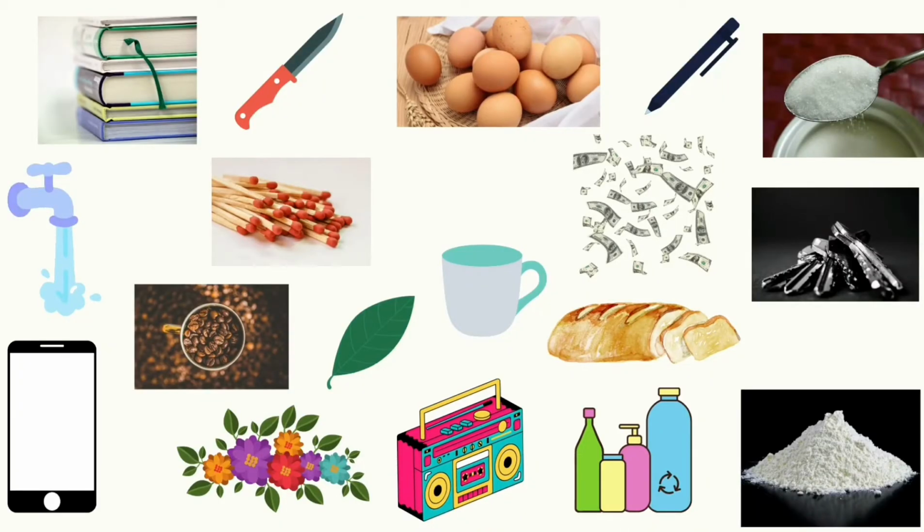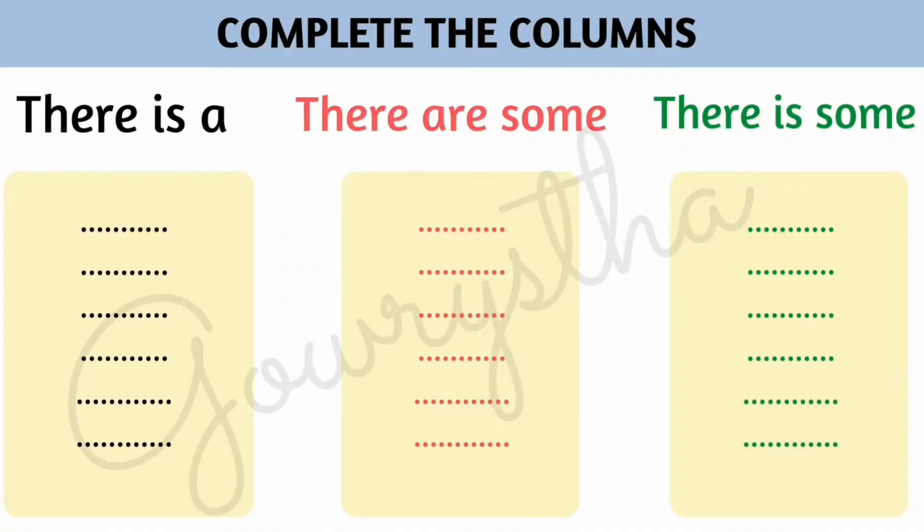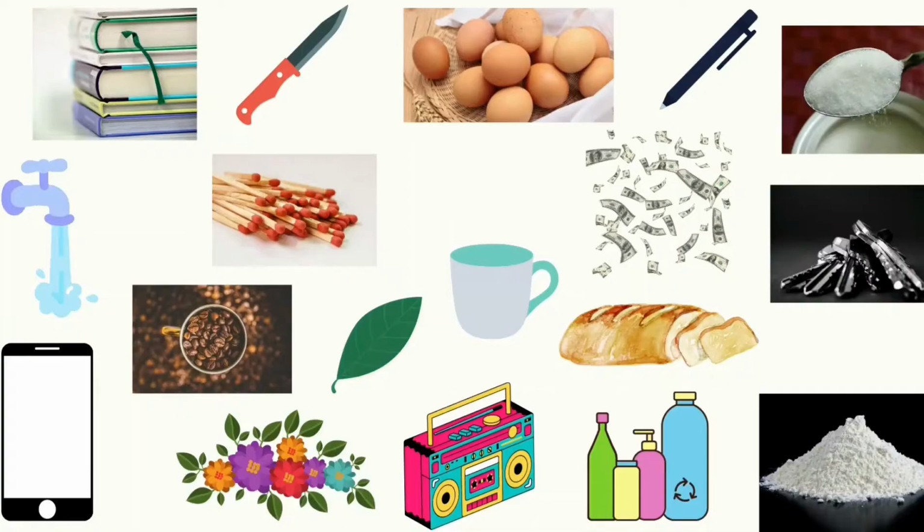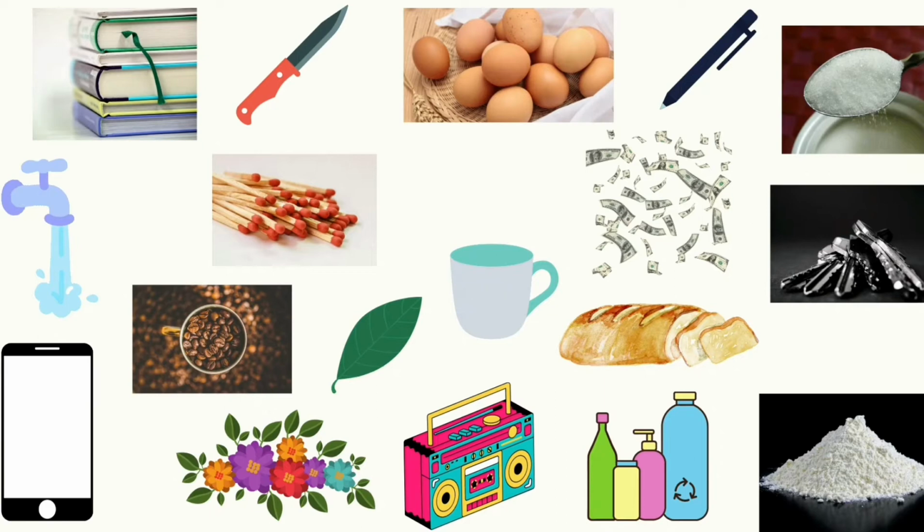Look at this picture. Here there are 18 things in this picture. Could you please fill this table? There's a pen. There are some eggs.